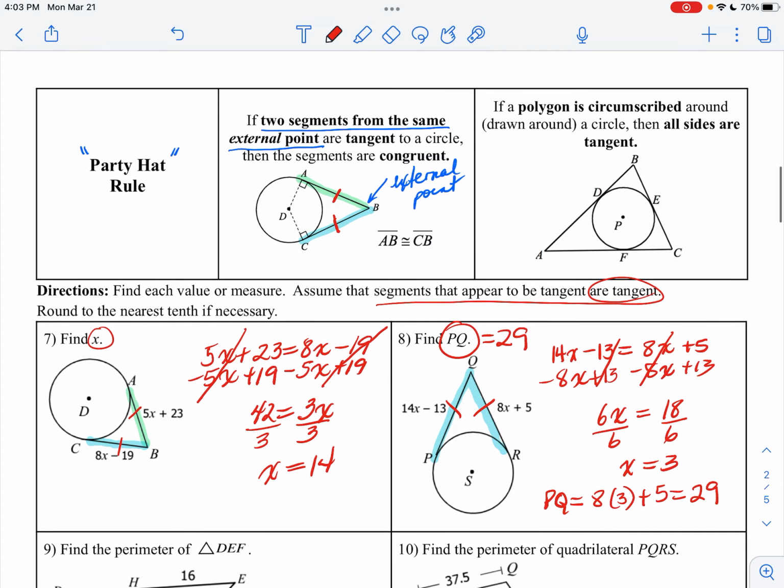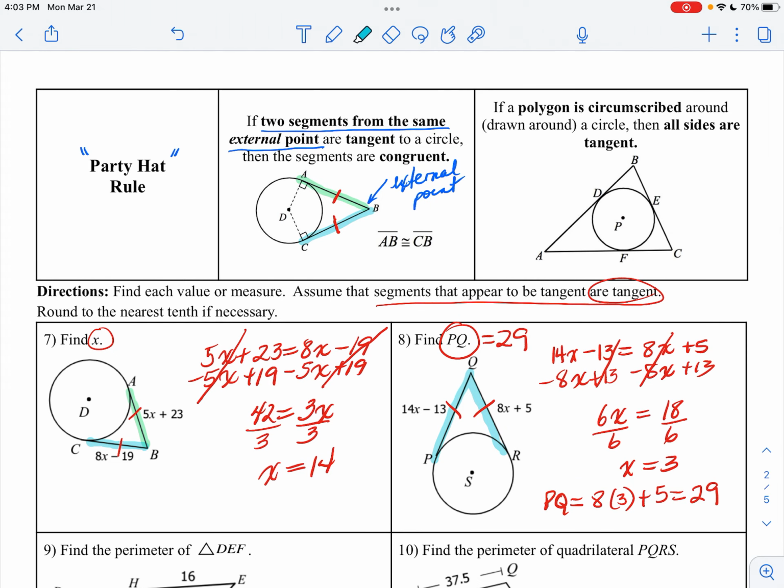Okay. The other property here is that if a polygon is circumscribed, so what does that mean? It means that the polygon is drawn around the circle and it touches the circle. Each side touches the circle. So this has 3 sides, so it will touch the circle in 3 places. In other words, the sides are tangent.